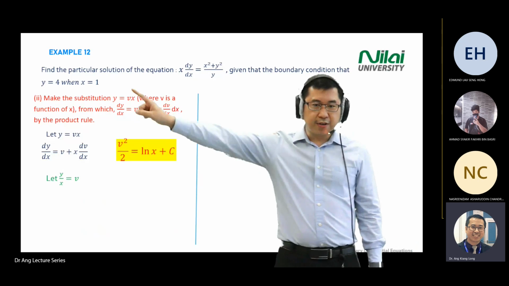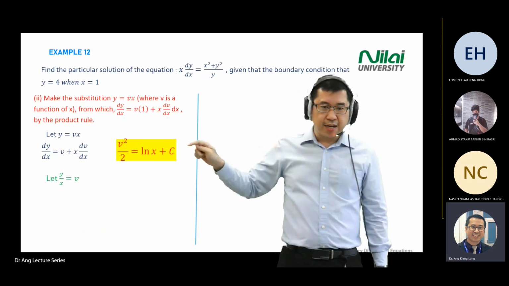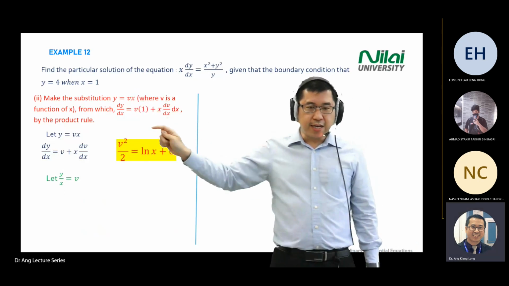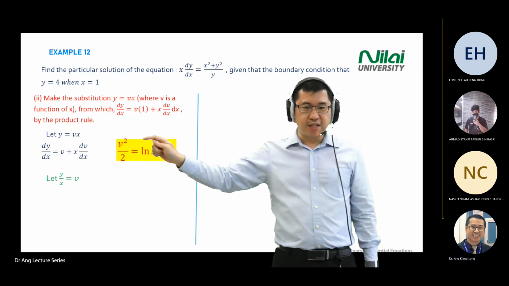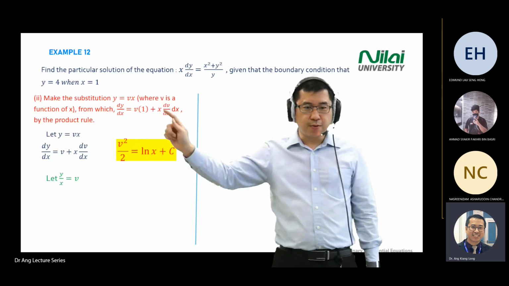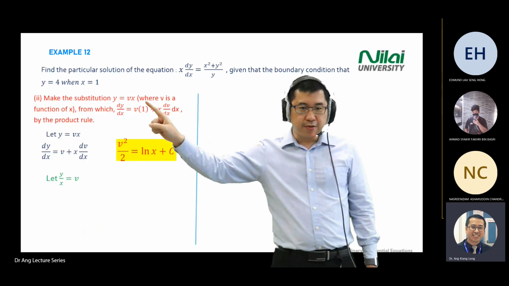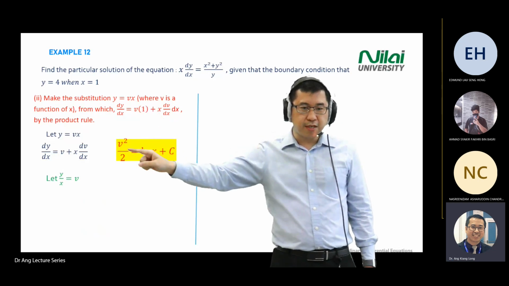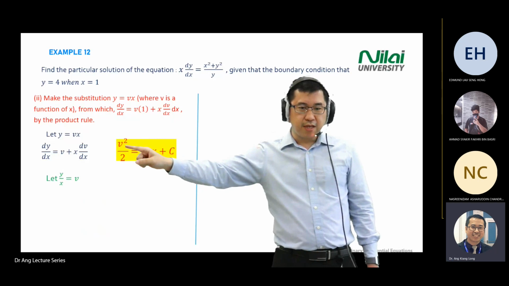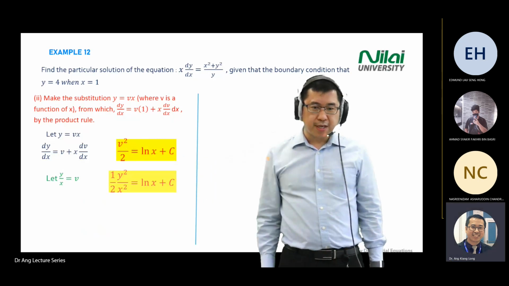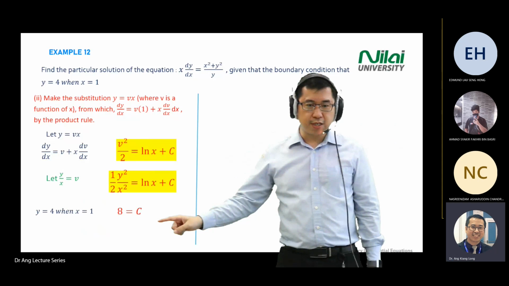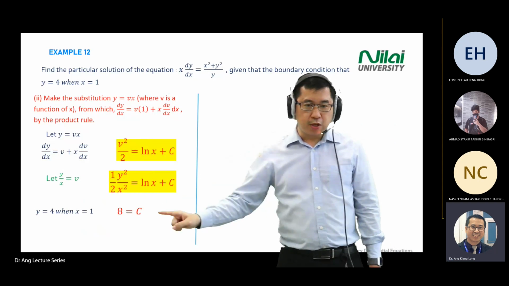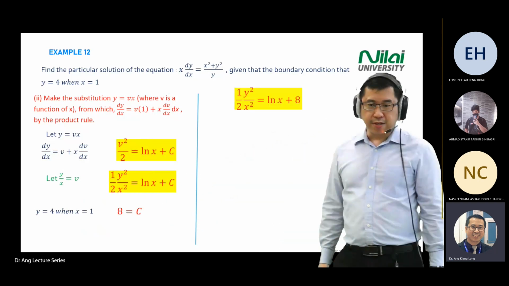Use back the given values, x and y. And then ask yourself, what is v? How do I get v in terms of y and x? Remind yourself, you already substituted y equals vx, so v equals y divided by x. After that, substitute the values, and you get c equal to 8. Substitute 8 inside here, you get the answer.